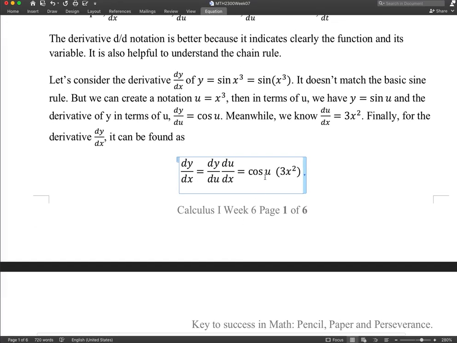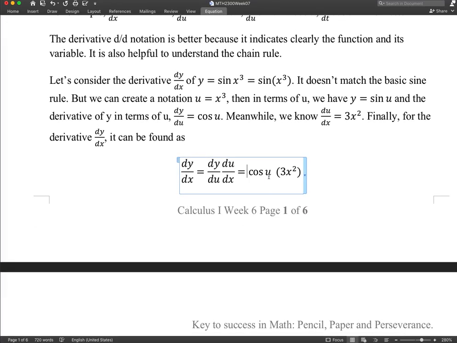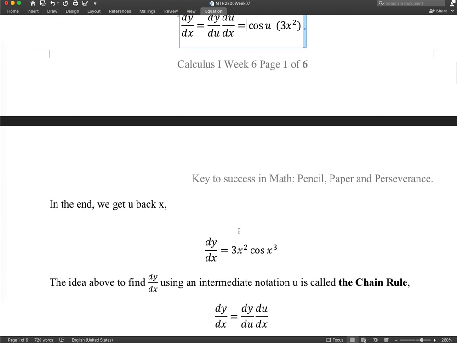So I realized I could get this u back to x because u is x cubed. So in the end, this is the answer I provided. Cosine u is cosine x cubed. And this 3x squared, you could still keep at the end, but if you keep this term at the end, you are going to have parentheses there.